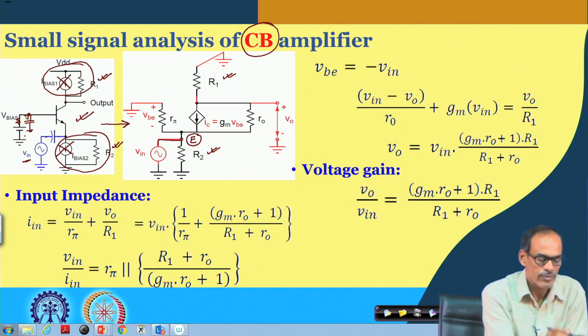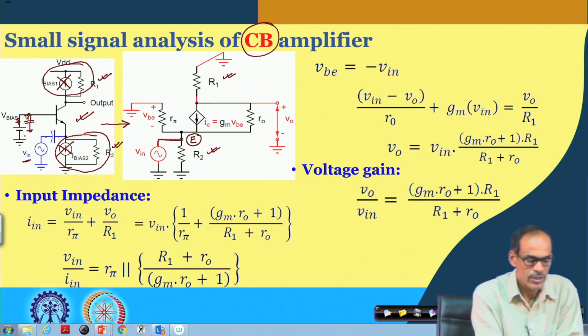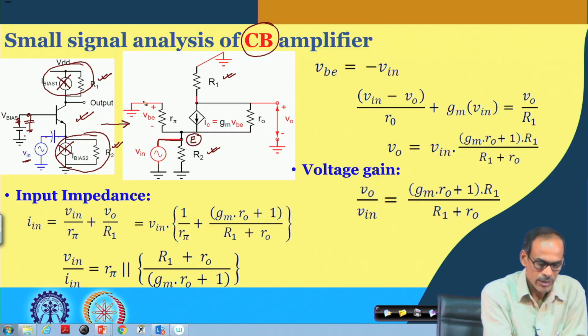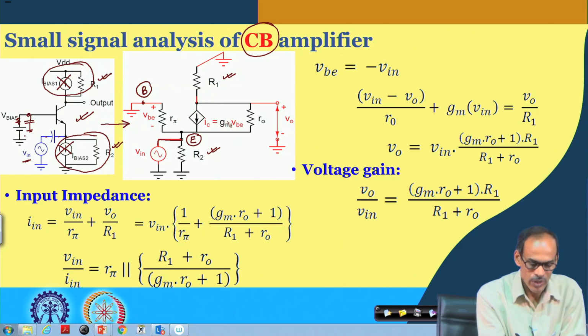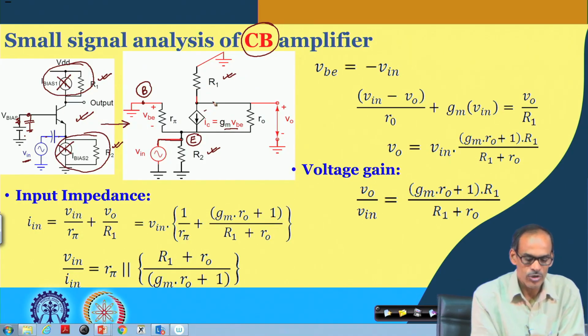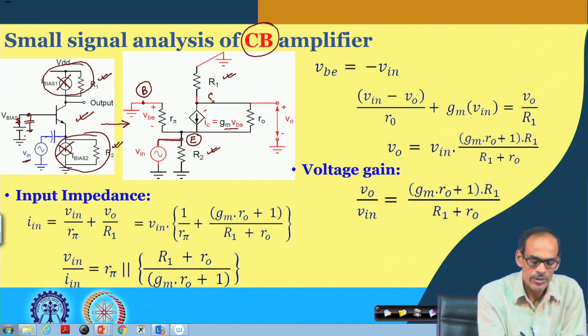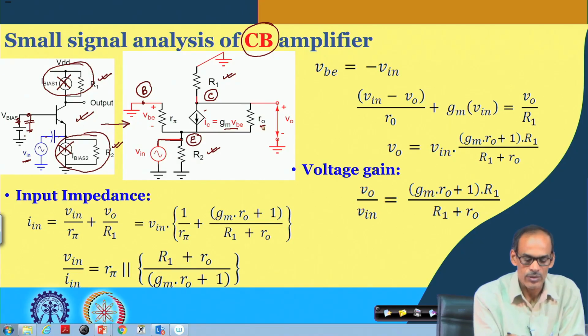So, even if you have the source Thevenin equivalent resistance, that is ignored and the base terminal is grounded. At the collector side, we do have gm into VBE, that voltage dependent current source flowing from collector to emitter terminal, and then of course, we do have the r0. So, that is the small signal equivalent circuit.